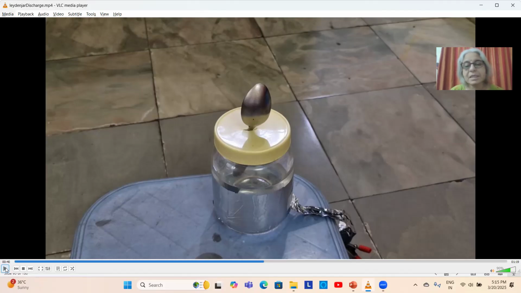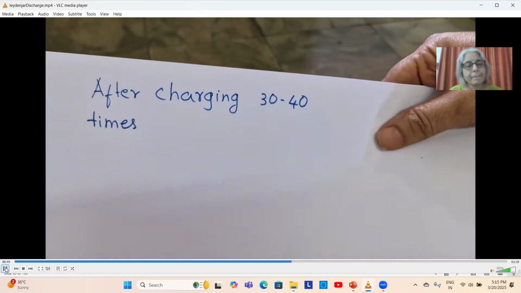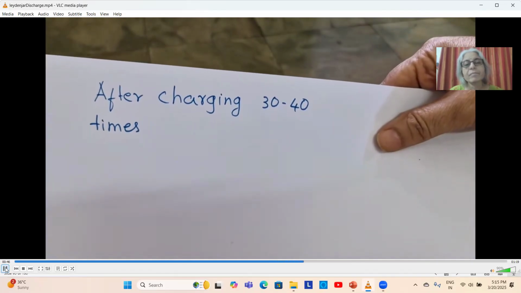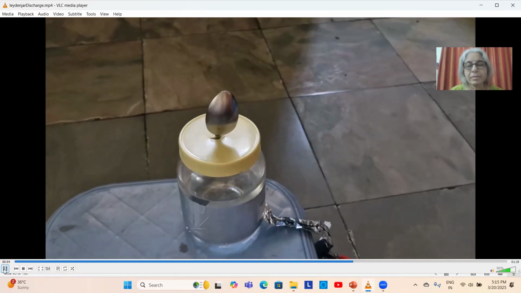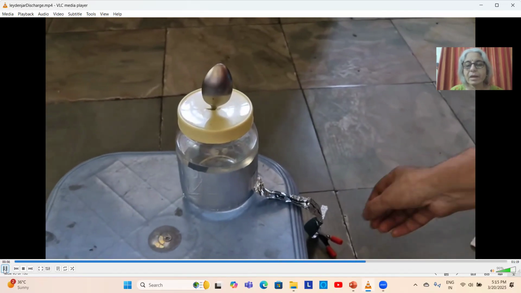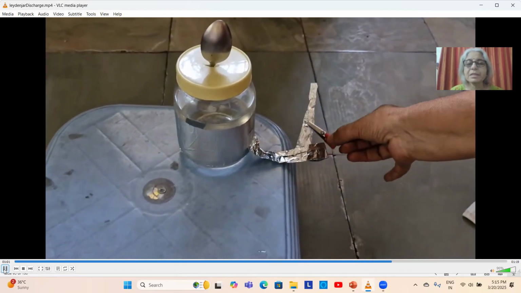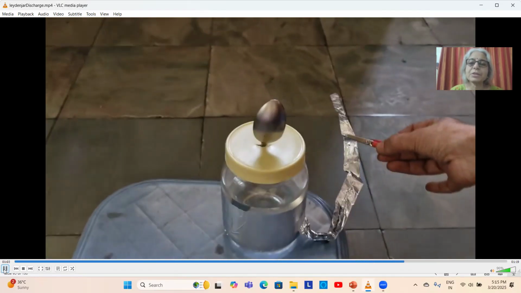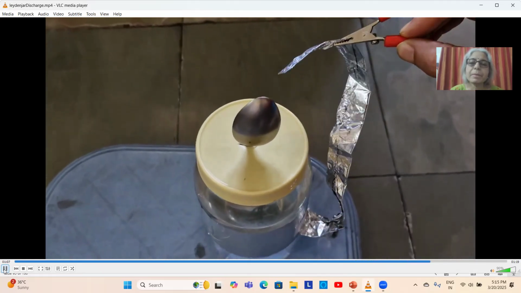So I'm going to use the tail itself to connect these two. I lift it up carefully, holding the plastic part, otherwise you can get a shock. So I touch it to the spoon.